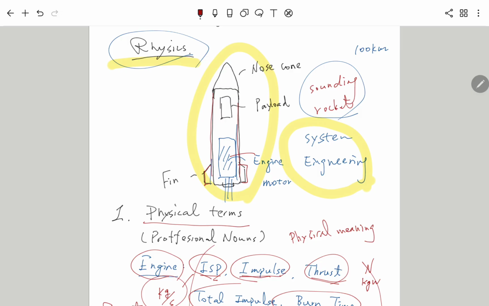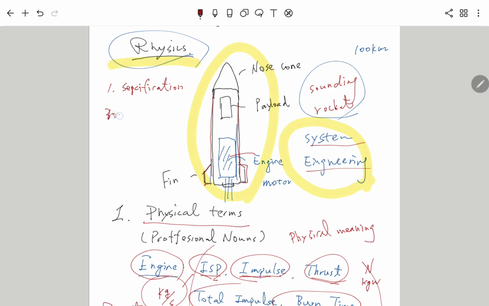Well, of course, if we use system engineering to help us design a rocket, first, and also the most important part, is how to design the specification. For example, how high I want to fly.